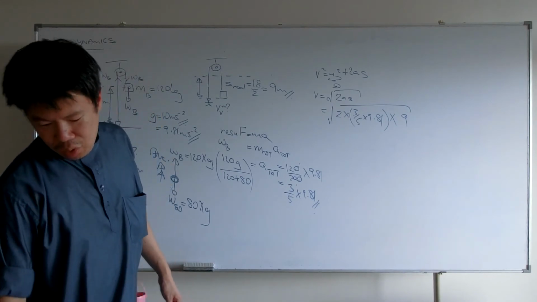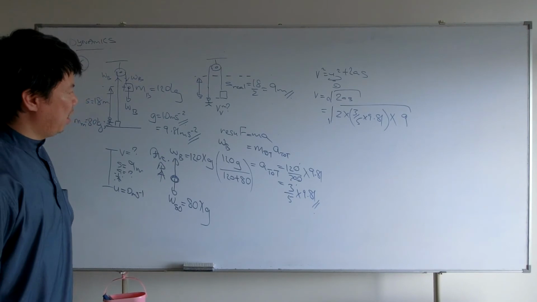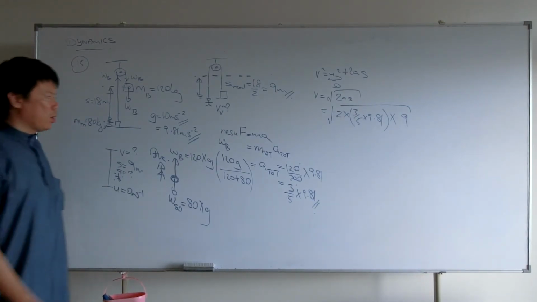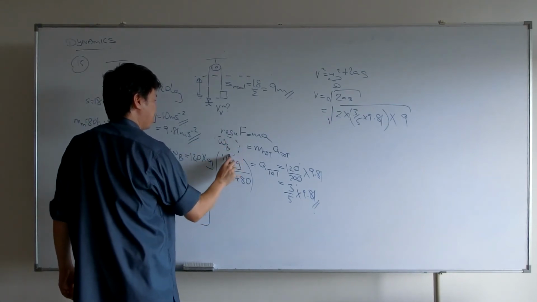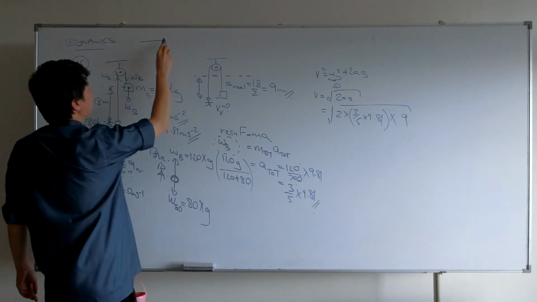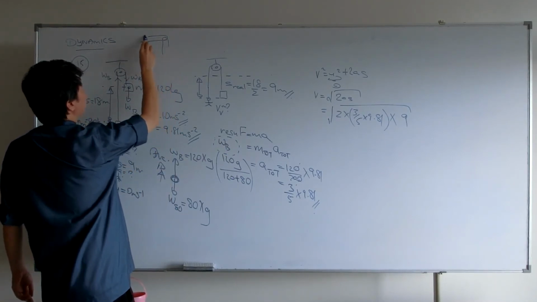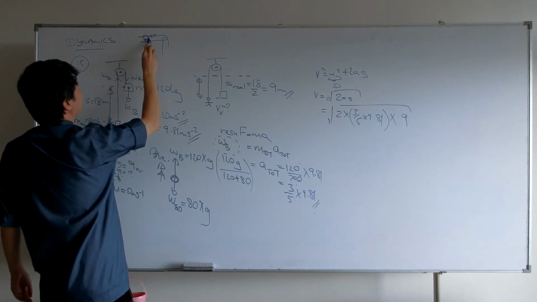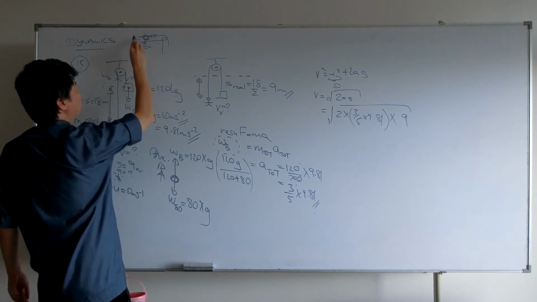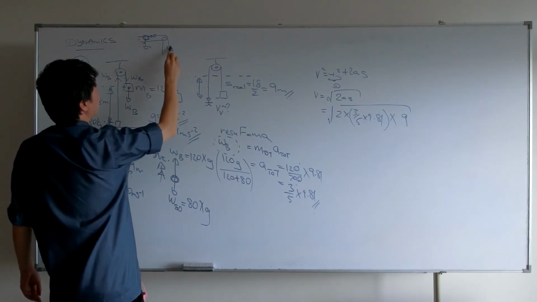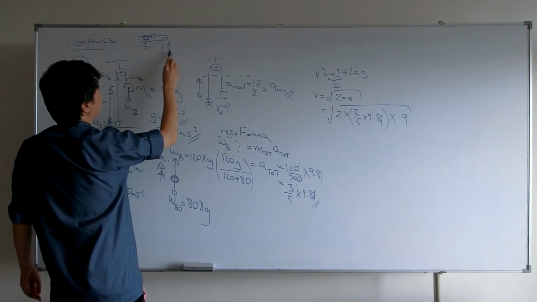And hopefully you will realize something is wrong. What do you mean by something is wrong? When we did the previous two questions, when you have a table and a pulley here, this object's weight is perpendicular to the direction of motion. That means this weight has nothing to do with the direction of motion.